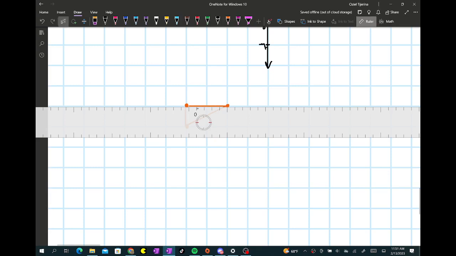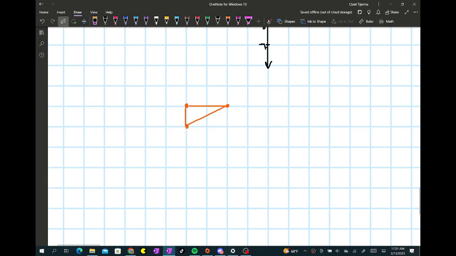So that's the first shape. We already know that it has a base of 2, and then the height is going to be 1, right?